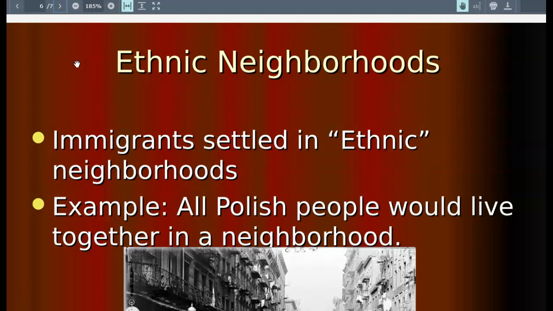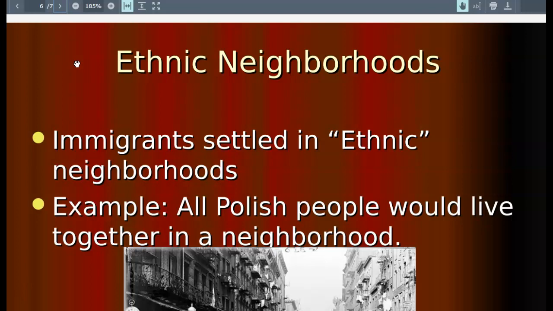Ethnic neighborhoods were neighborhoods in which immigrants would settle, and they liked to be around other people that were similar to them. For example, there is a very well-known place in New York City called Little Italy, and it was an ethnic neighborhood for people who were from Italy.